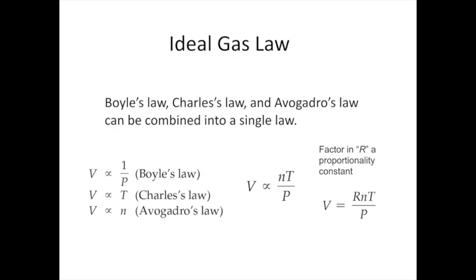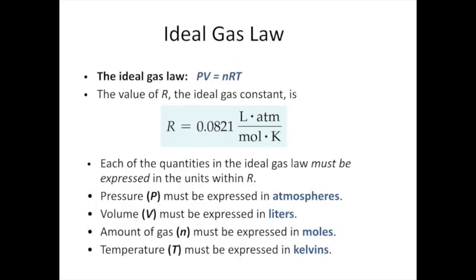Now we're going to put Boyle's, Charles', and Avogadro's law all together into the ideal gas law. You can see right there how they've put them together. We're just missing one thing. We're missing a constant, and that's what R is. R is the ideal gas constant, and it is equal to 0.0821.